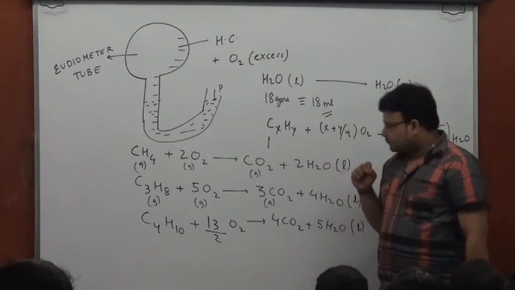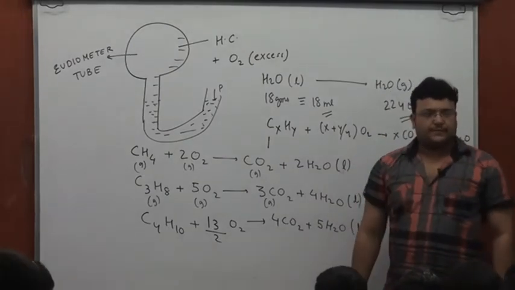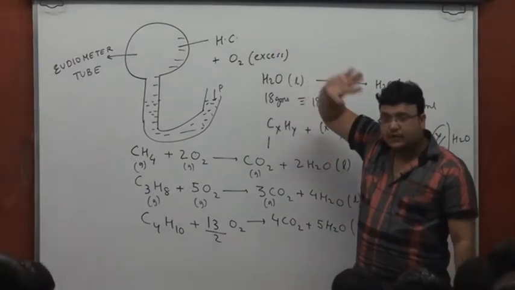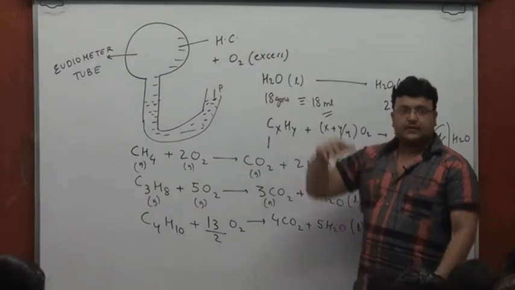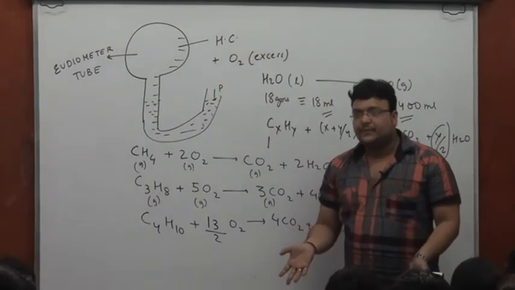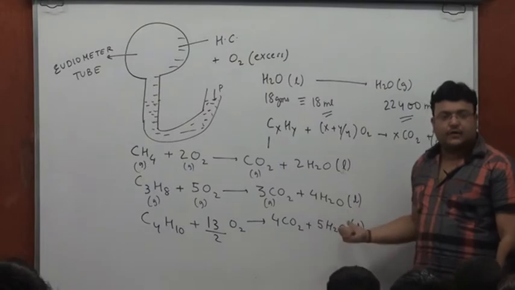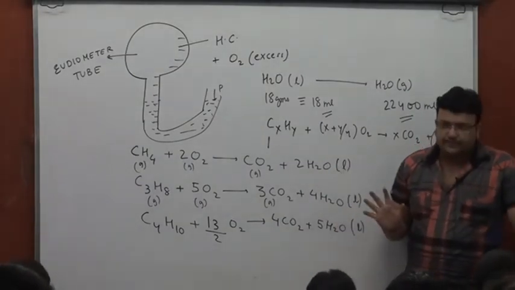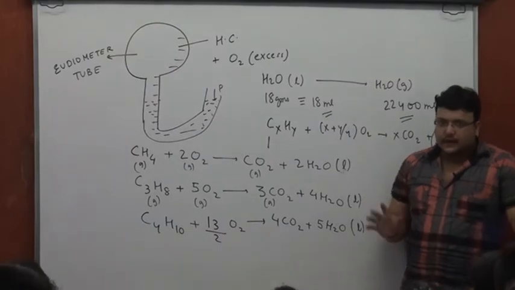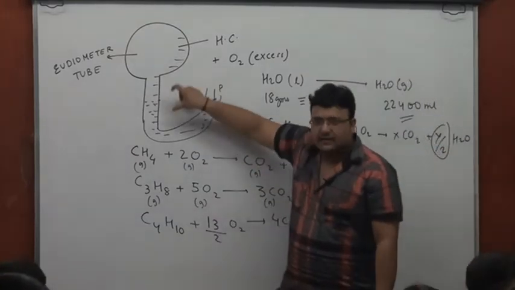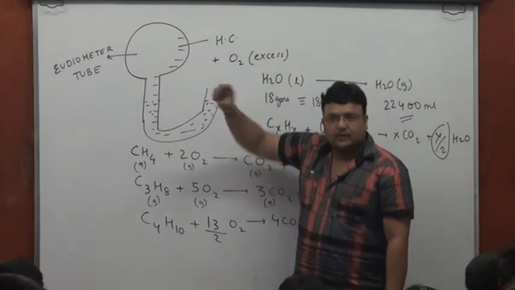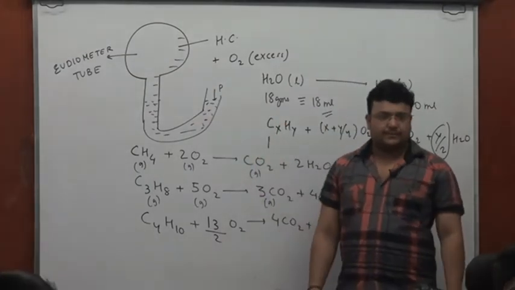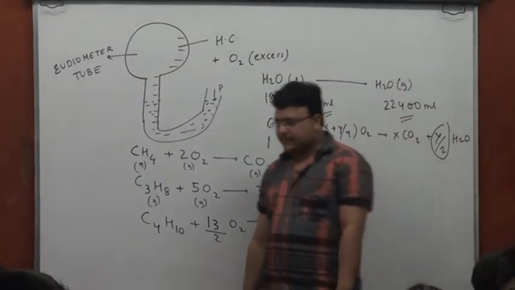Now, this is the first observation. You work with a hydrocarbon and excess of oxygen, you let all the hydrocarbon burn, you cool it down so that water has become liquid, you expect a decrease in volume. Fine. And that decrease in volume will be read by the change in the water level. Fair enough?